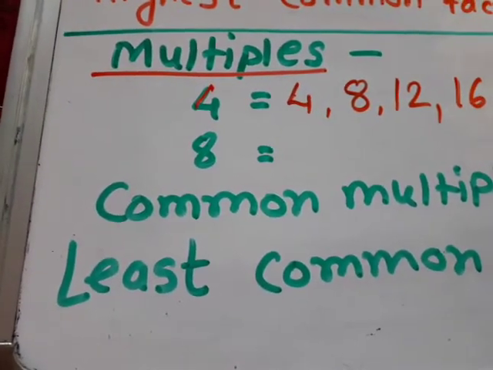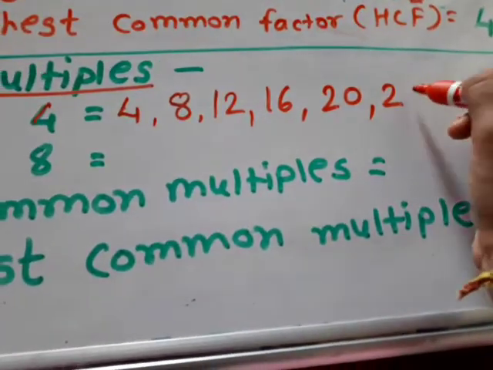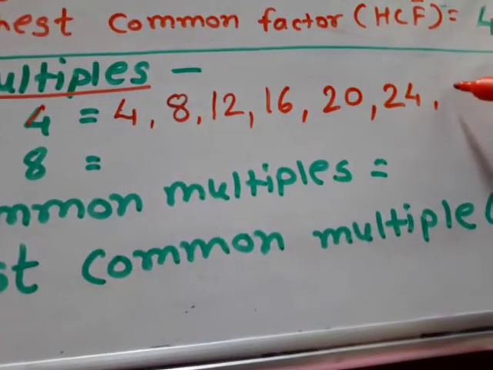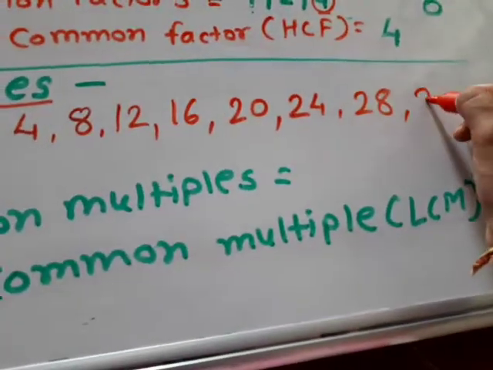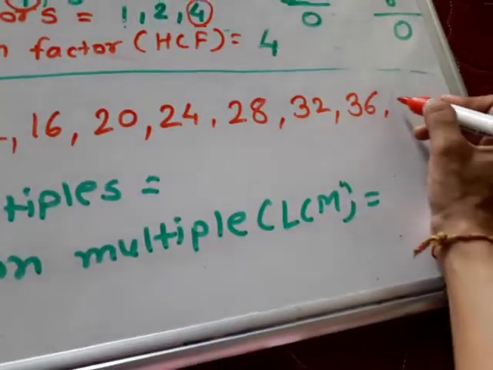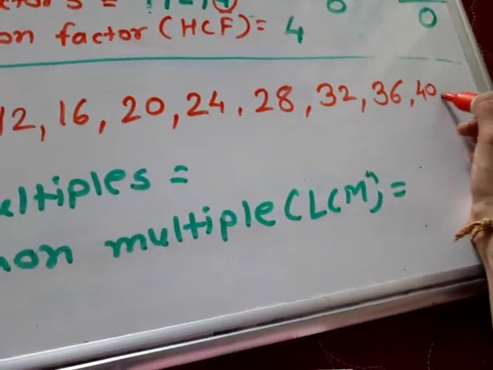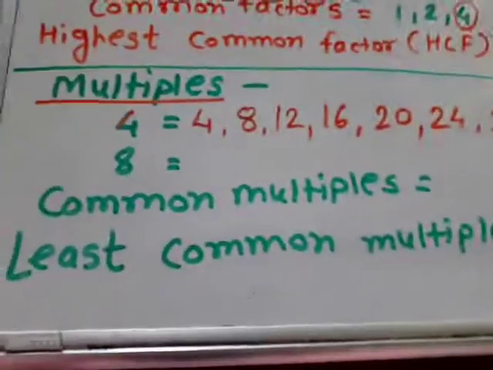By 5, we get 20. By 6, 24. By 7, 28. By 8, 32. By 9, 36. And when multiplied by 10, we get 40. Then multiply by 11, 12, and so on. There is no limit for multiples.